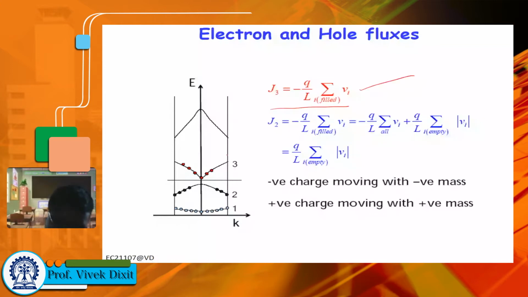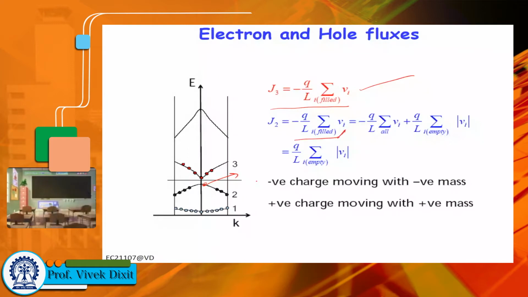Only the particles which are there will take part. For a band that is full with only one electron taken out, you can write that current will be Q by L times the sum of all V_i.